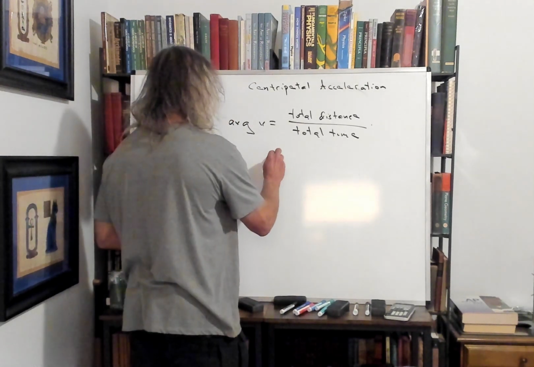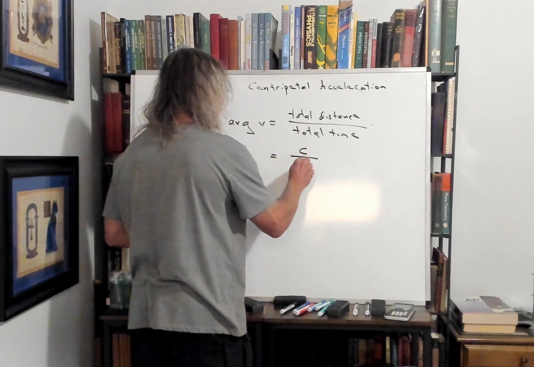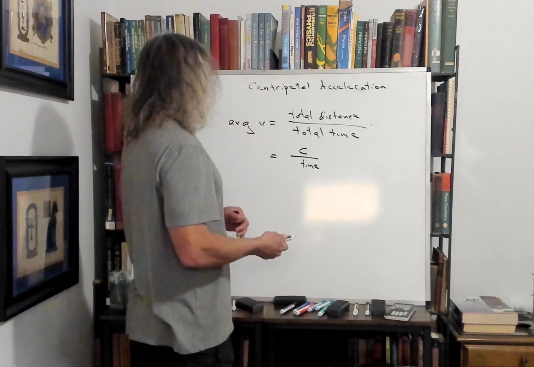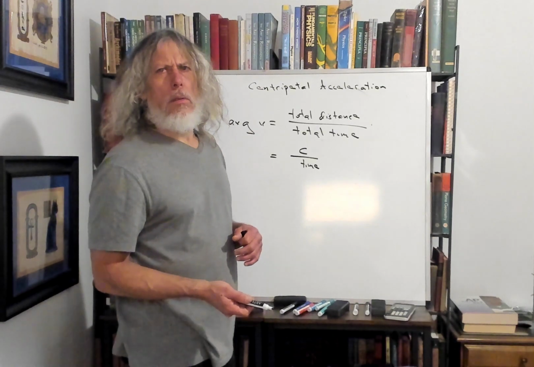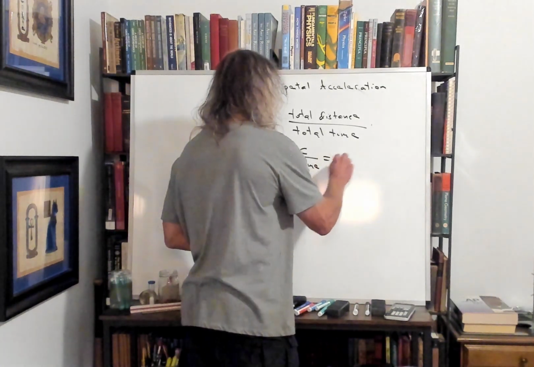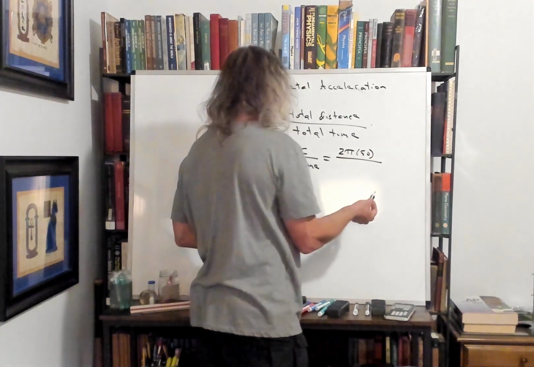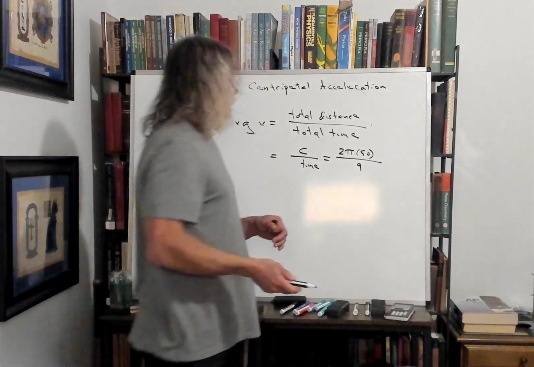So in this case, circumference over time. And so 2 pi times 50 over 9. And that will always happen.